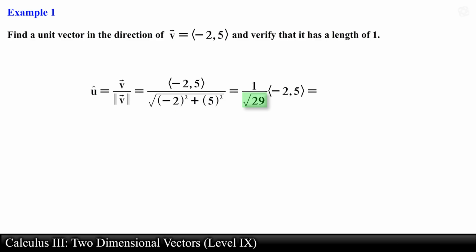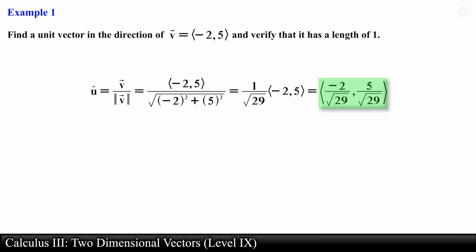Now it is just a matter of distributing the scalar 1 over the square root of 29 to each of the components as follows. The unit vector will now have an x component of -2 over the square root of 29 and y component of 5 over the square root of 29.